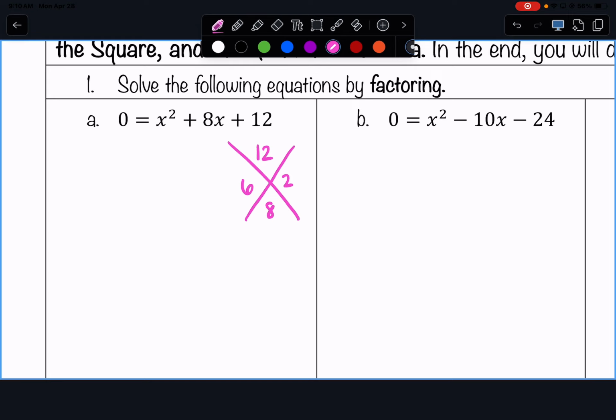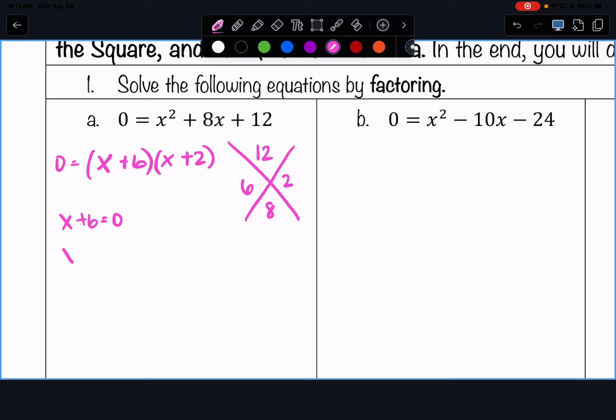So to do this with a shortcut, we have 0 equals what? x plus 6 and x plus 2. So then to solve from there, we just set both of those equal to 0 and solve. So we do x plus 6 equals 0. How do I solve that?